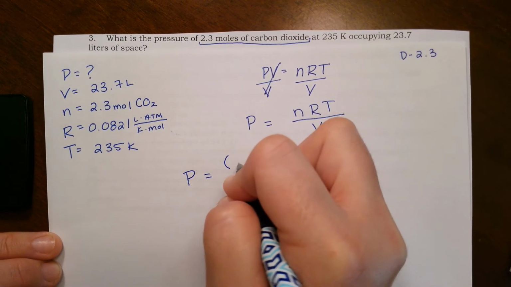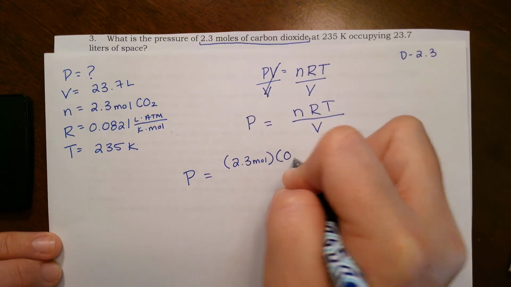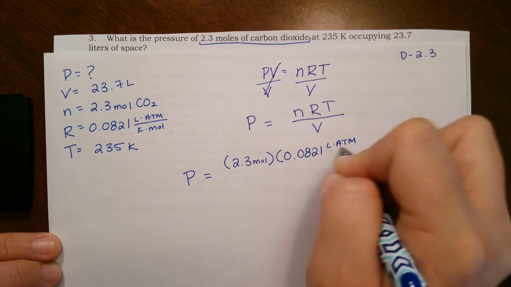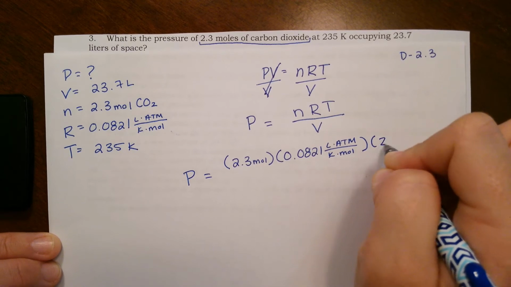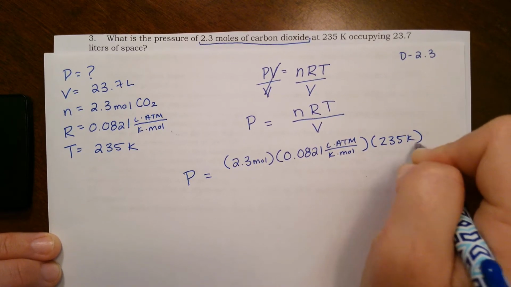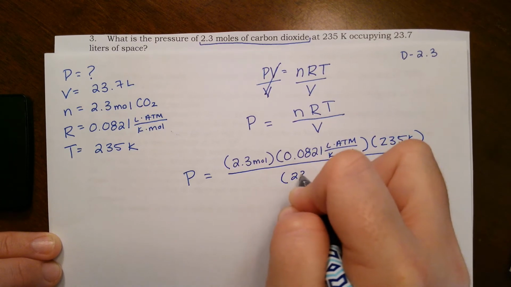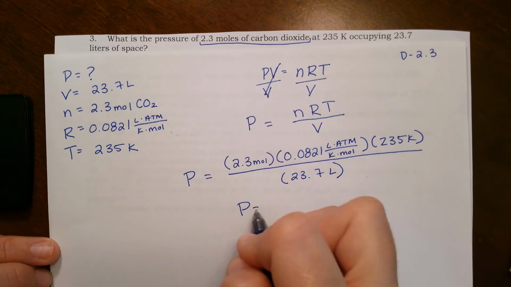So n, number of moles, 2.3 moles, times that gas constant, times the temperature, divided by our volume, 23.7 liters. All right.